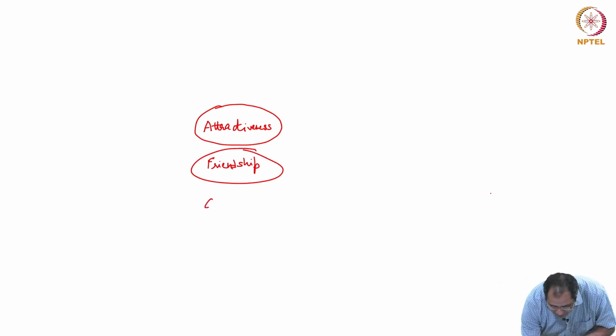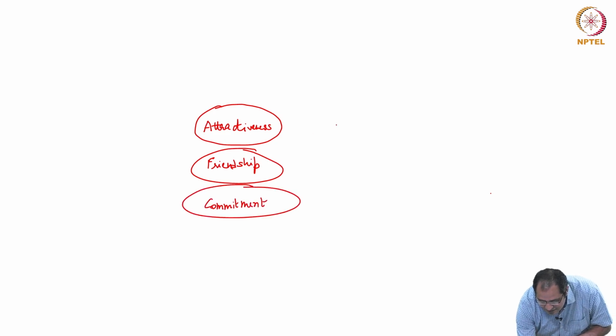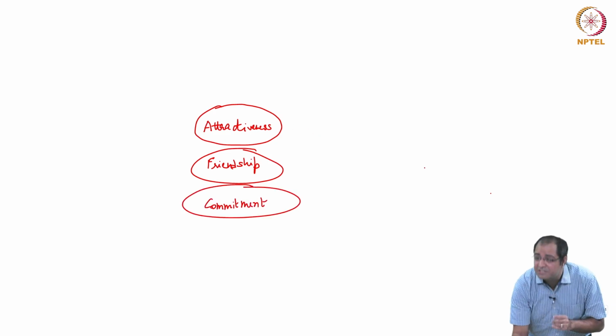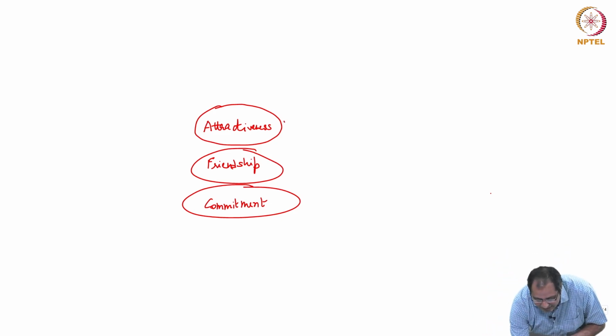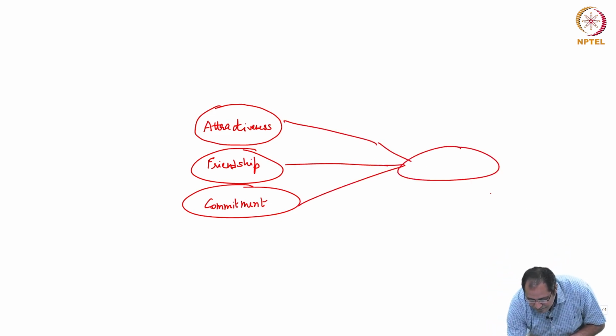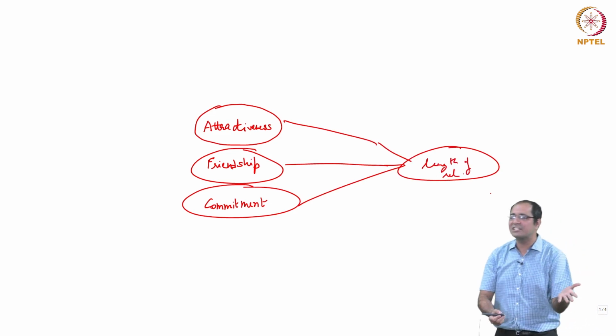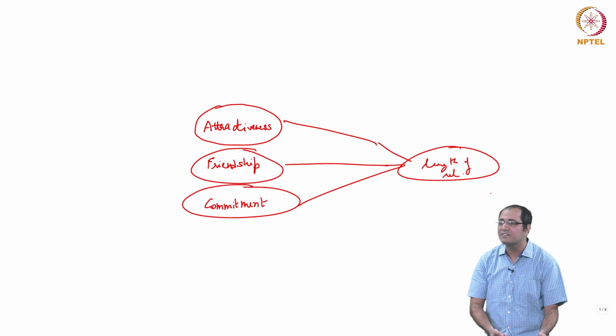The third one is commitment. These factors explain, let's say, the length of a relationship. So you have to look at the theory. See, the theory will give you all this.